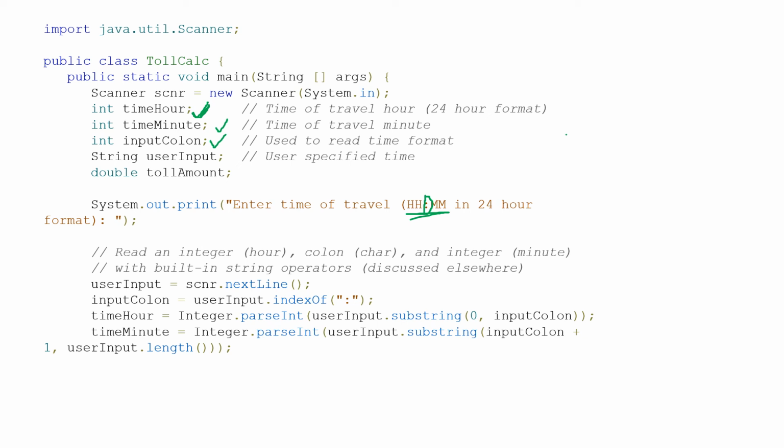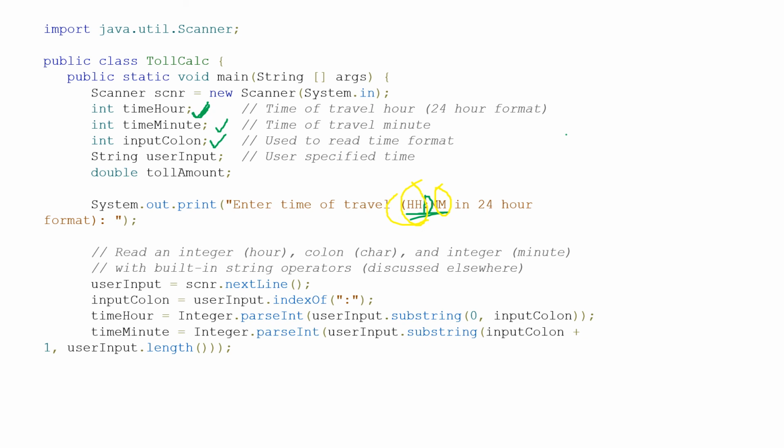The input we enter has the hours and minutes, and to differentiate those two we use the colon, and user input is the user-specified time.